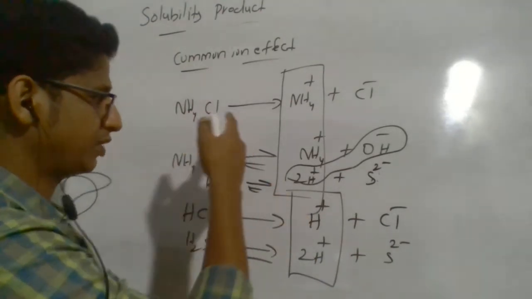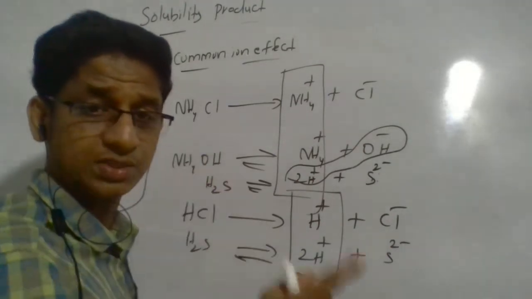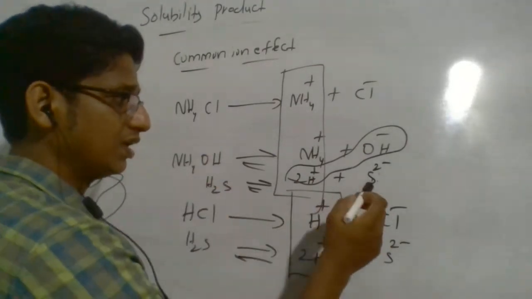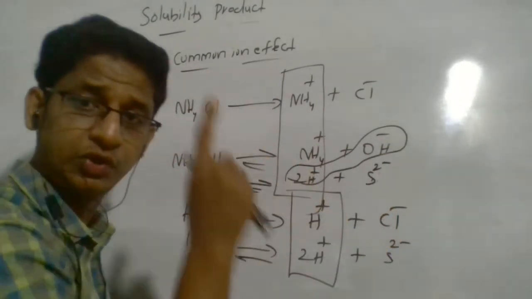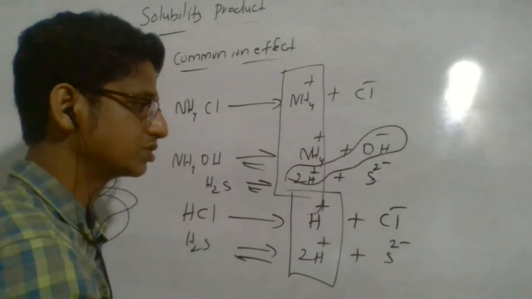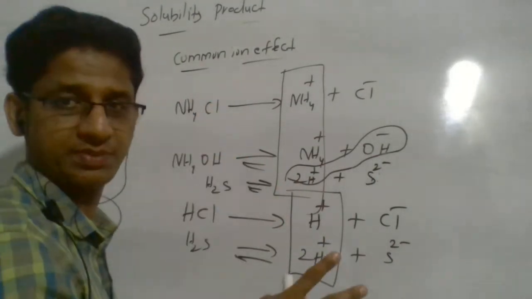Now after addition of ammonium chloride, ammonium hydroxide, and hydrogen sulfide, what's the point? Here the point is that a high concentration of sulfide ion is required for the precipitation of group 4 cations, while a low concentration of sulfide ion is required for group 2 precipitation.